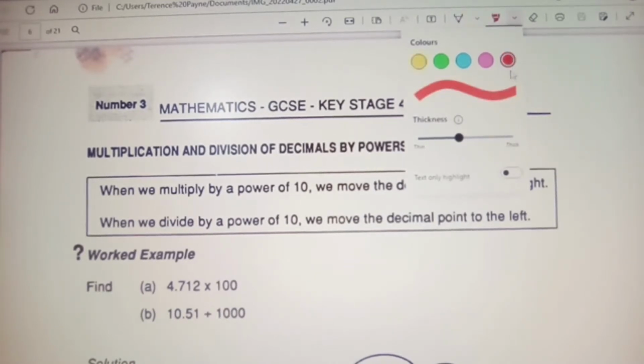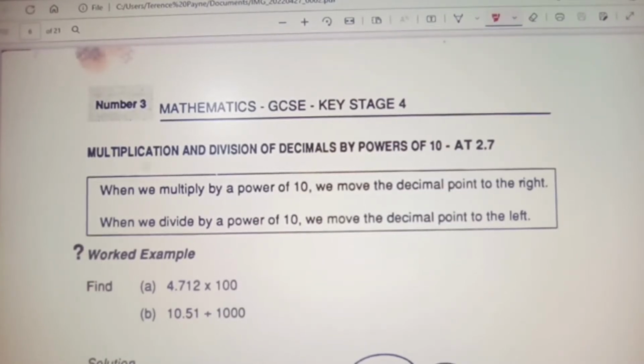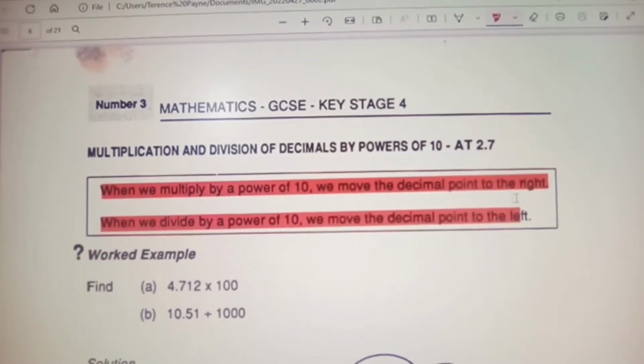Let's try this and see how this one comes out. If not, I'll have to white out. We're going to highlight that there.